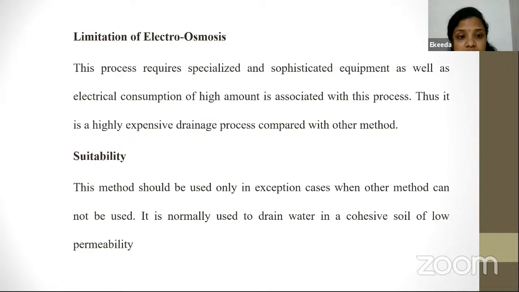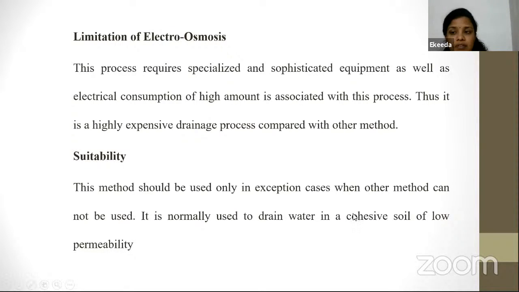Then what are the limitations of electroosmosis? This process requires sophisticated equipment as well as a high amount of electrical consumption associated with this process. Thus, it is a highly expensive drainage process compared with the other methods.